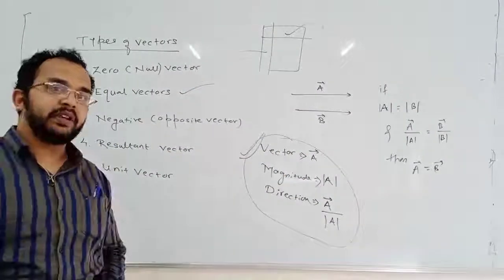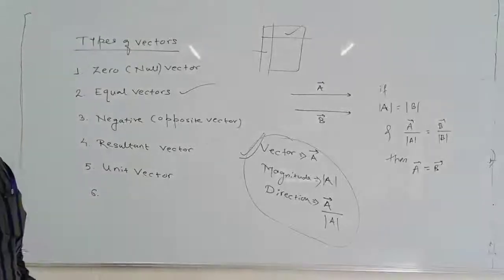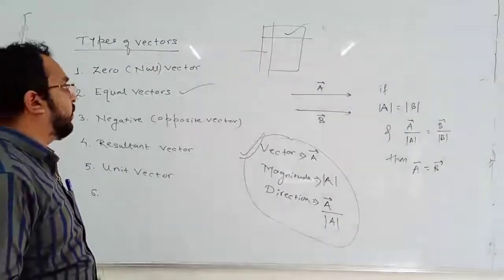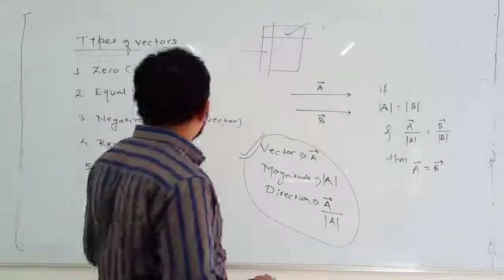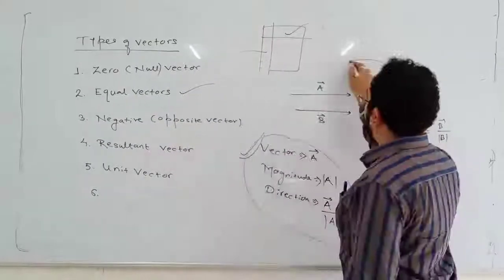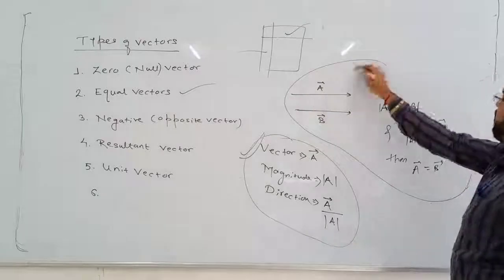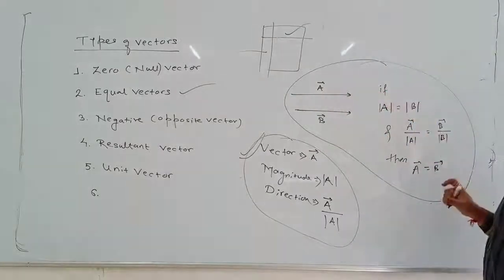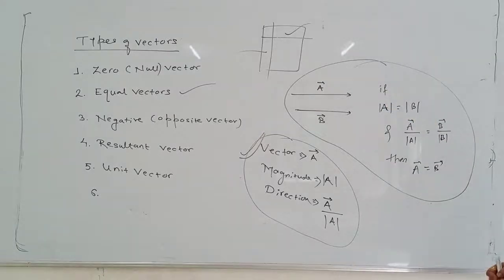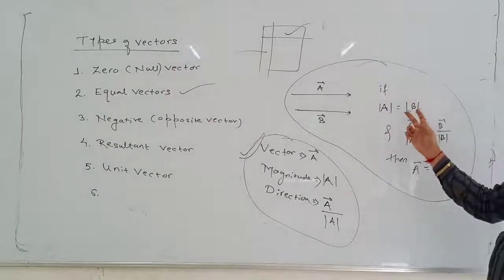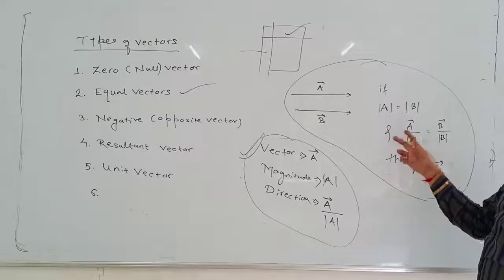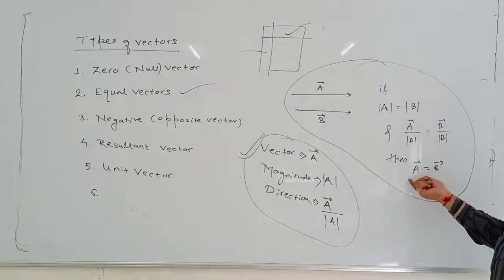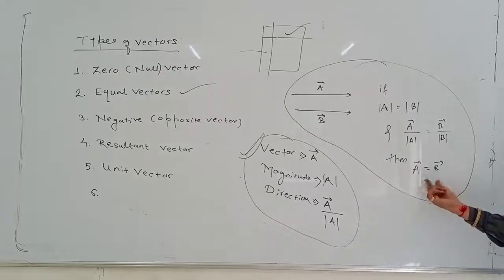It is a pair of vectors which have same magnitude and same direction. After writing the definition, draw this diagram and then write this. If mod of A, the magnitude of A, is equal to magnitude of B and direction of A is equal to direction of B, then vector A is equal to vector B. That means two vectors are equal.